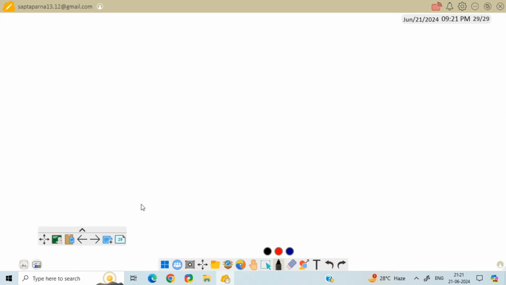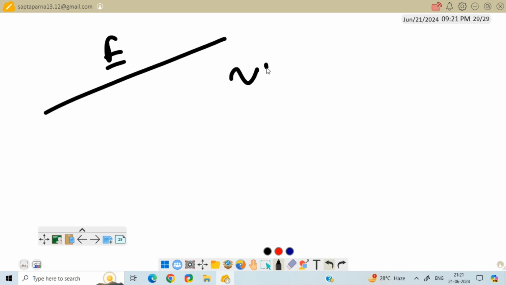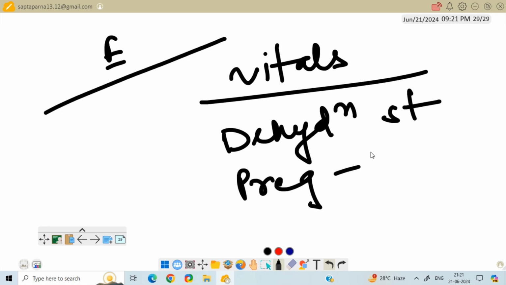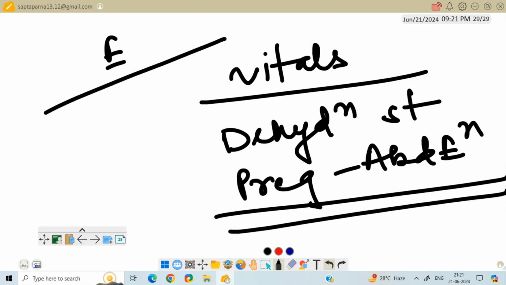Okay, so now we'll understand how we'll manage this condition. So if a patient comes with hyperemesis gravidarum, what are the examinations we'll do? You will see her vitals, you will check her dehydration status, you will confirm her pregnancy, you will do abdominal examination, you will rule out whether there is something else or not.